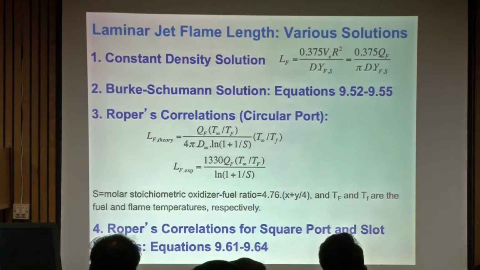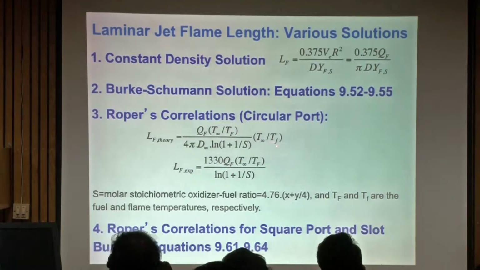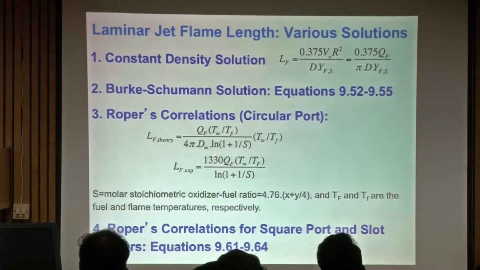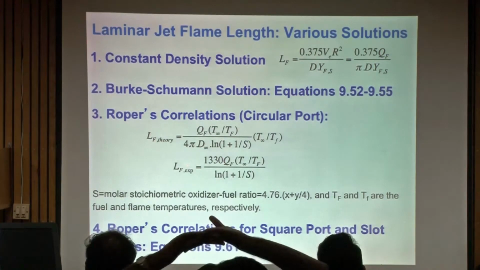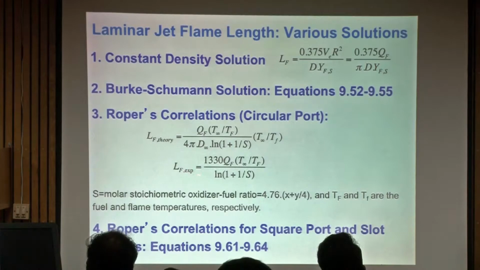No, this is correct. What has been done here, I think they use some flame temperature value and the diffusivity value. It's the same expression kind of. I will double check, but I am pretty sure this is correct. They use some adiabatic flame temperature, so that is why this factor appears.